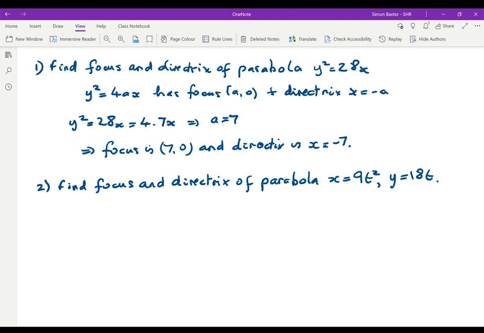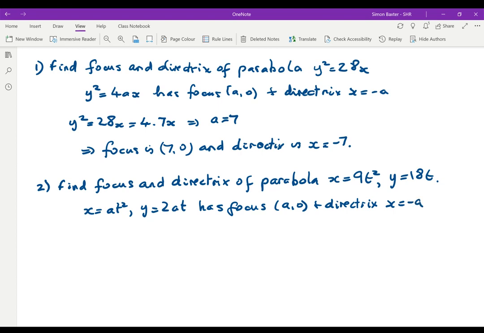Well, our general parametric equation is x equals at squared, y equals 2at, and this has focus again at (a, 0) and directrix x equals minus a.